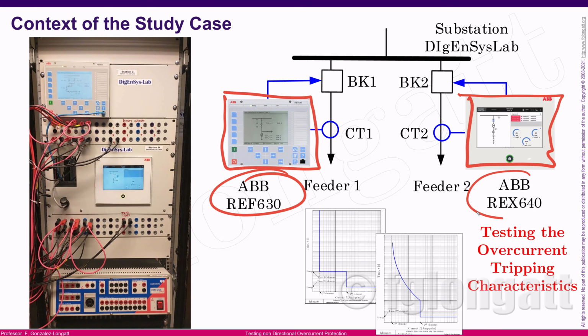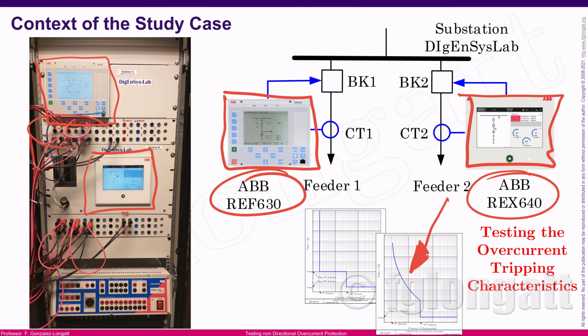We have those two relays, but to be honest, in this video, we are interested in testing the IDMT, okay? And here, at the very far left-hand side, you can see the relay, in this case, is energized. You can see here the 640 and the 630, okay?